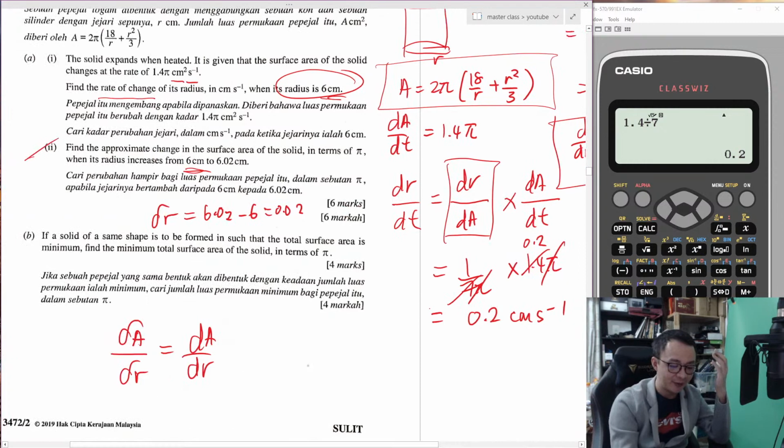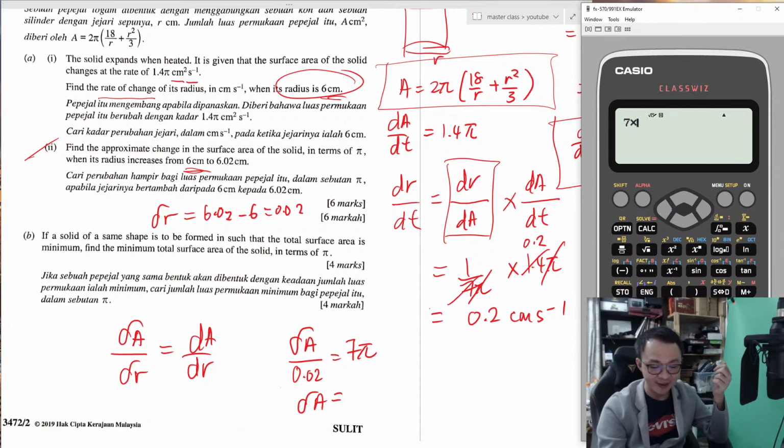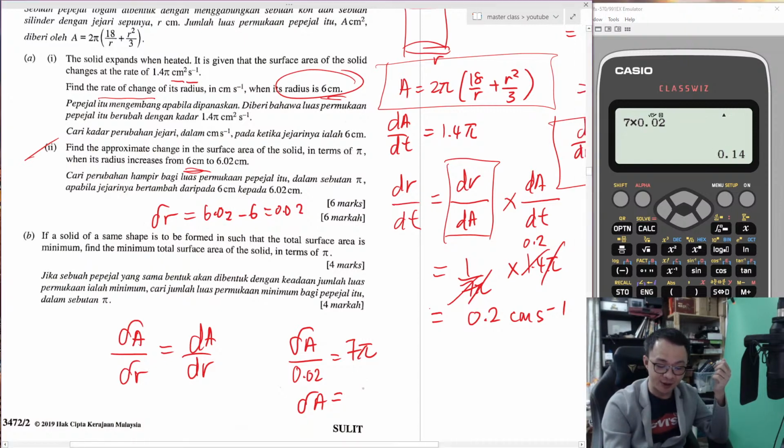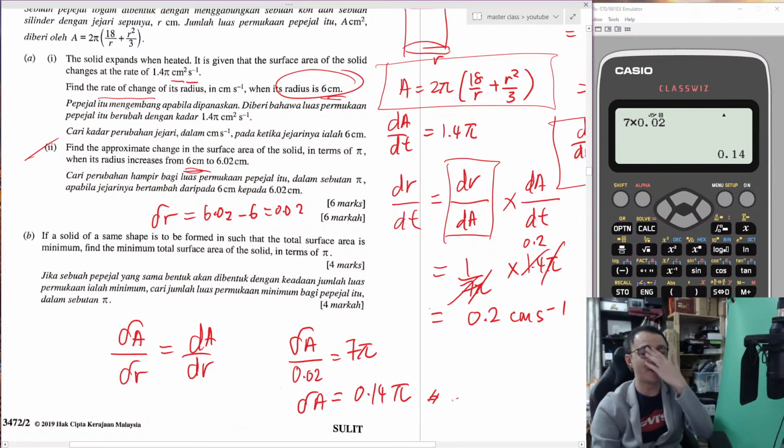Therefore, approximate change in area over 0.02 equals 7 pi. So approximate change in area is 7 multiplied by 0.02, so it will be 0.14 pi. Because the question asked me to leave it in terms of pi, I will leave my answer in terms of pi.